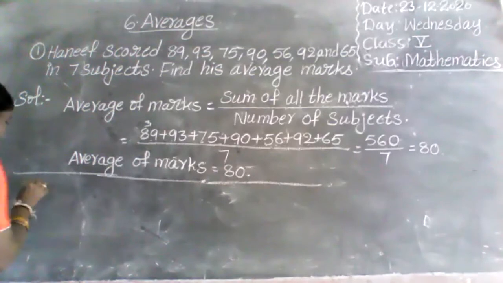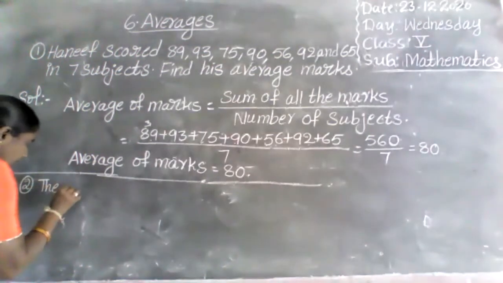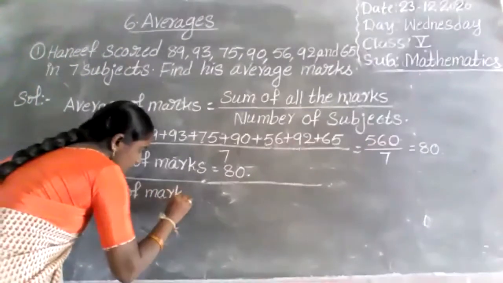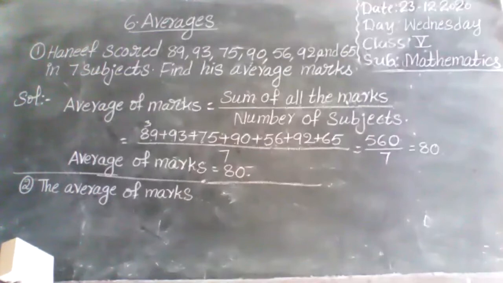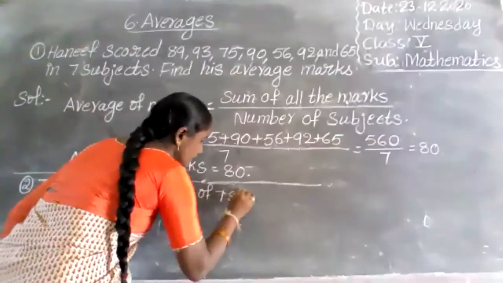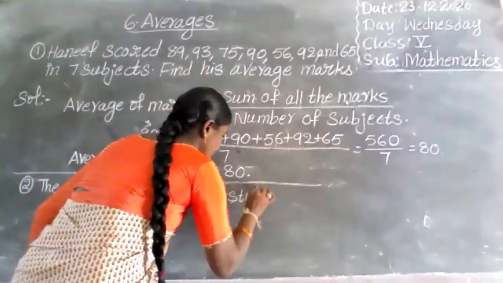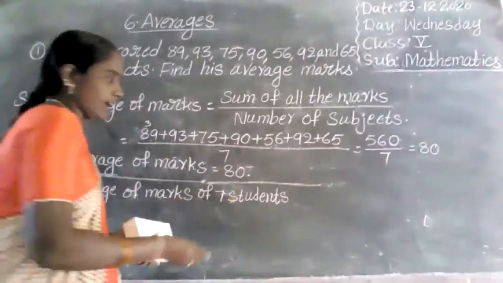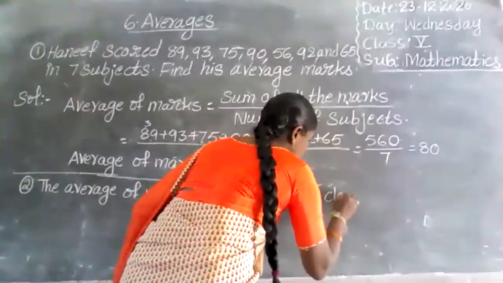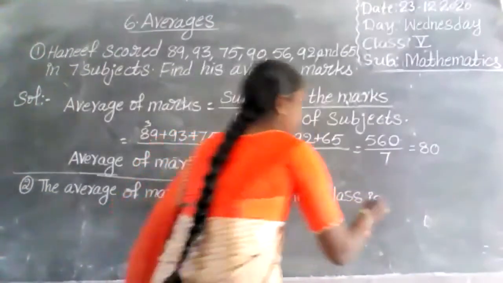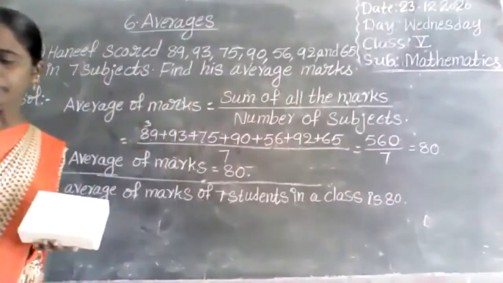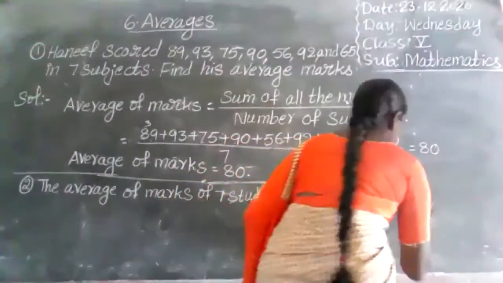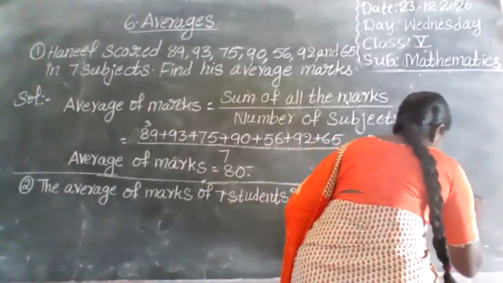The average of marks of 7 students in a class is 80. Find their total marks.